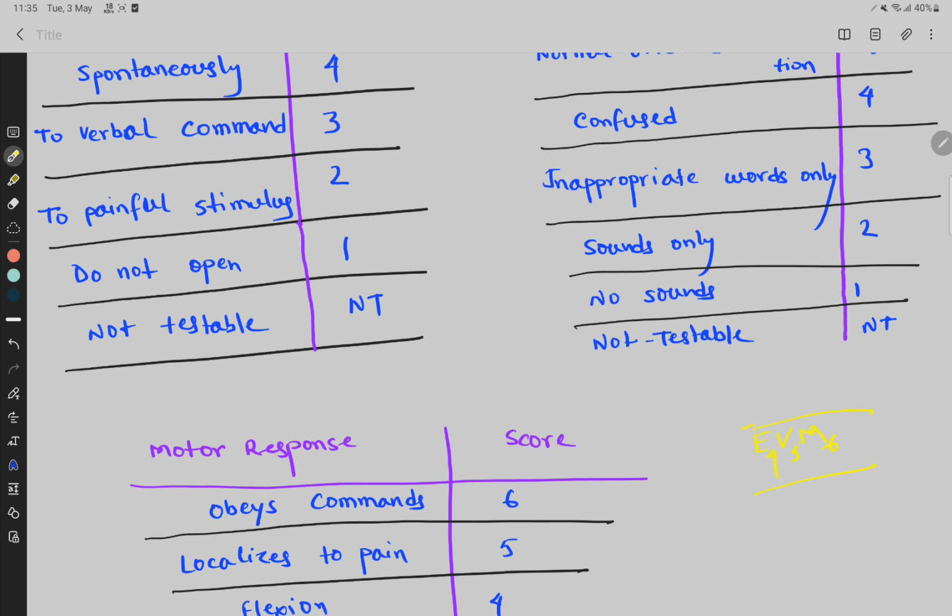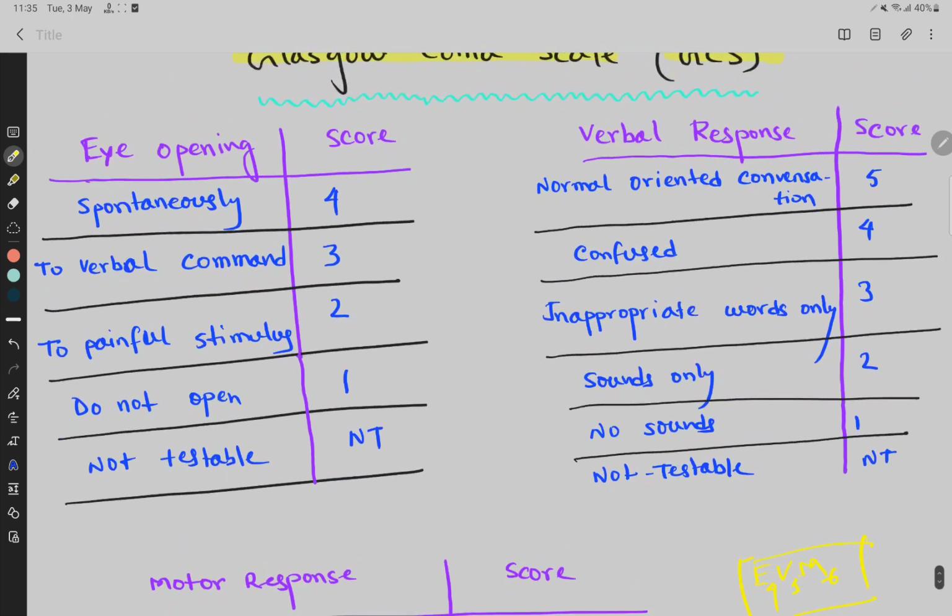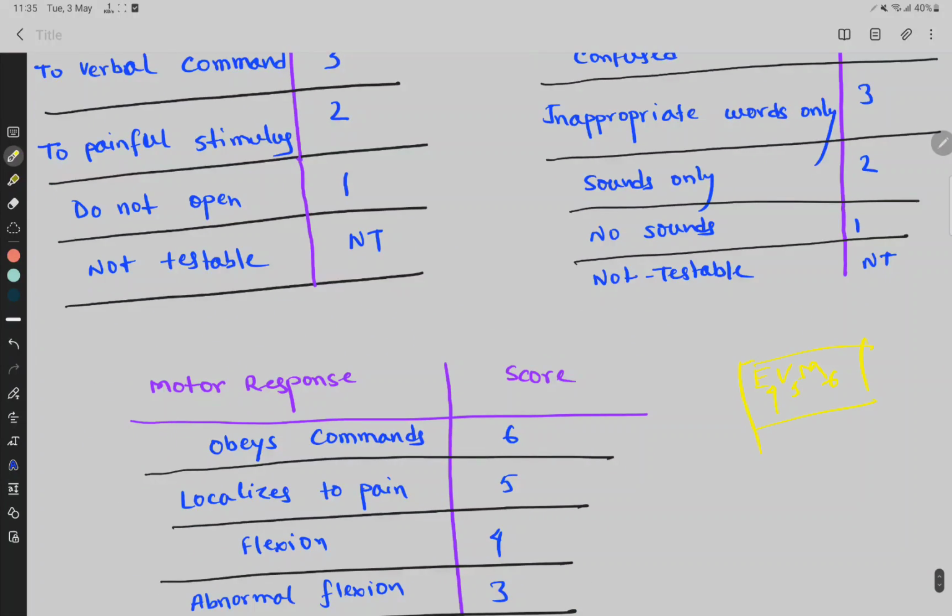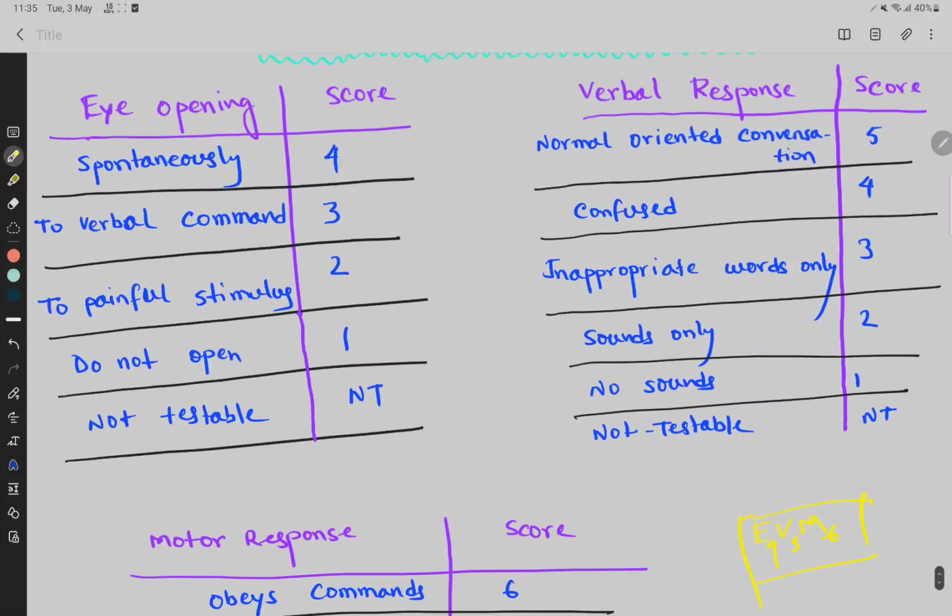Why is it called E4 V5 and M6? Because in eye opening the highest score is 4, in verbal response the highest score is 5, and in motor response the highest score is 6. That's why this is also called E4 V5 M6.